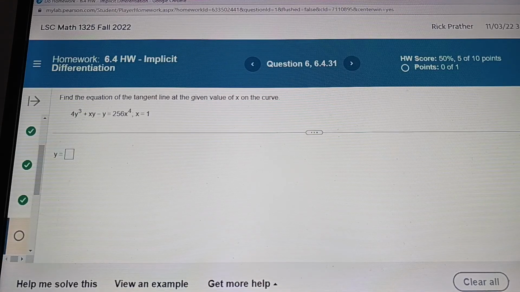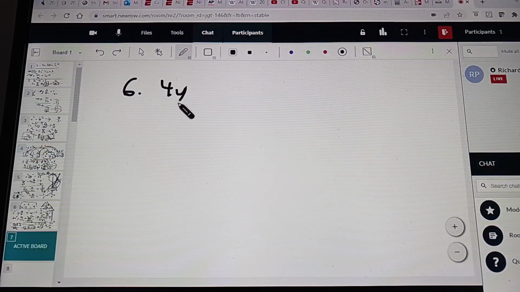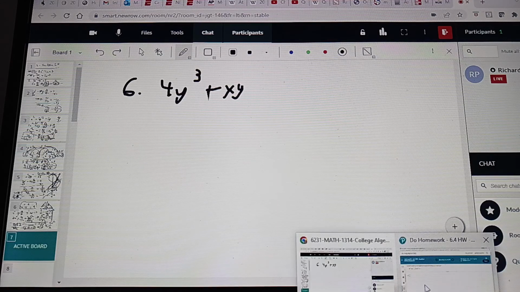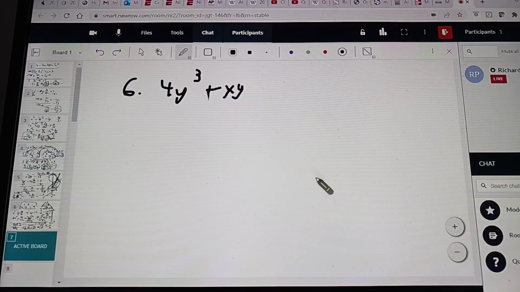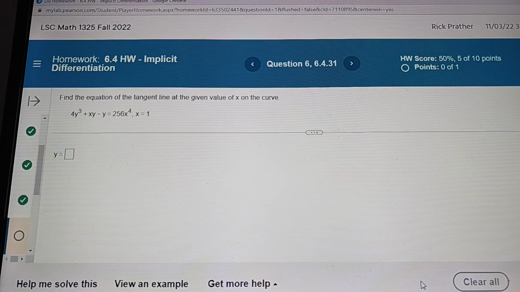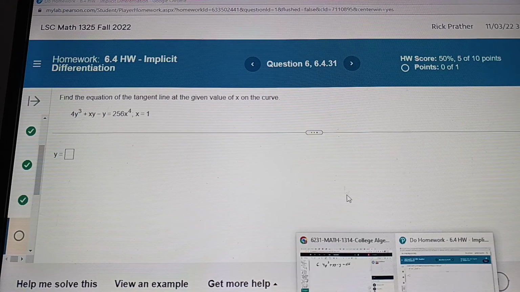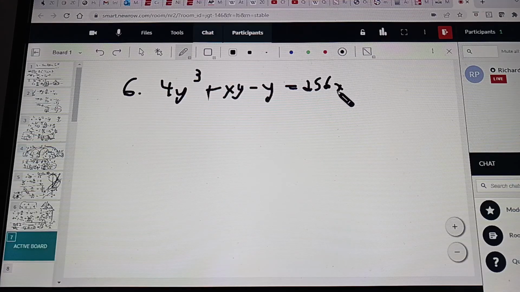So 4y to the third plus xy minus y equals 256 x to the fourth. And all we're told is that x equals 1.